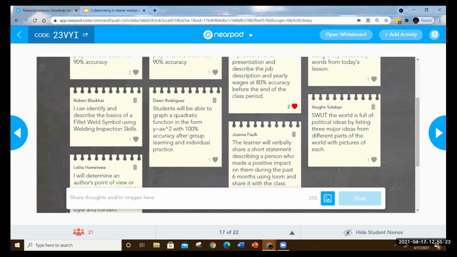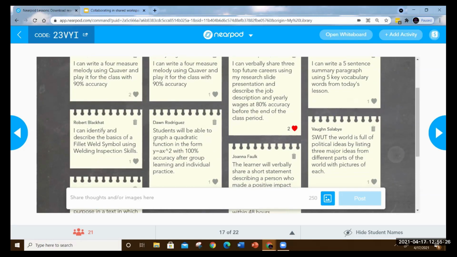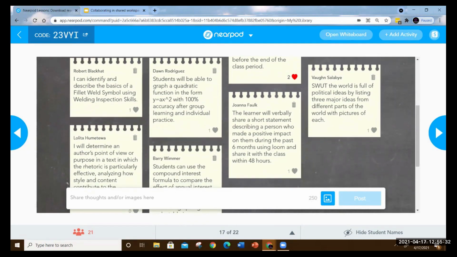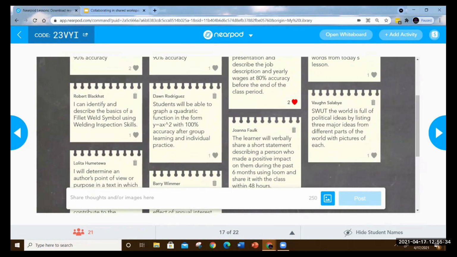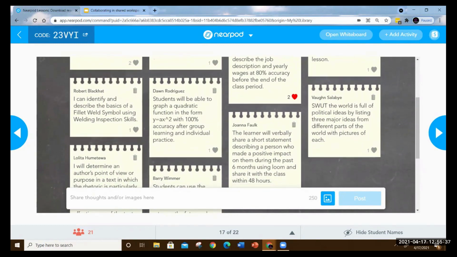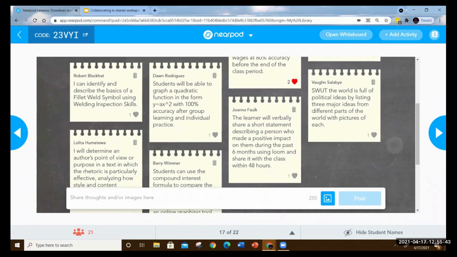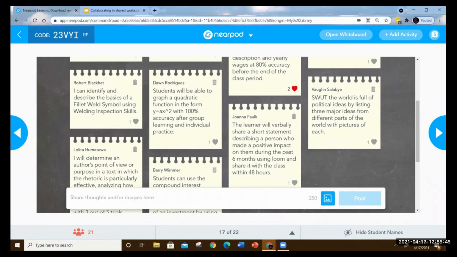Okay, Dawn, students will be able to graph a quadratic function in the form with 100% accuracy after group learning and individual. Be able to graph a quadratic function. Dawn, I love it. What I might do to make it really stellar, I would say students will be able to graph a quadratic function in the form, whatever, with 100% accuracy, utilizing knowledge from the group learning and guided practice.